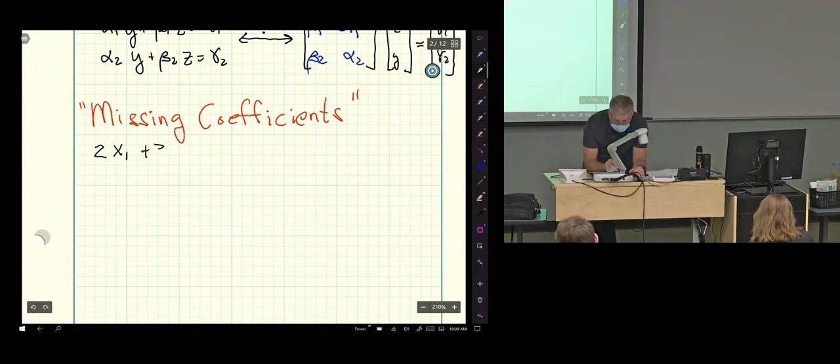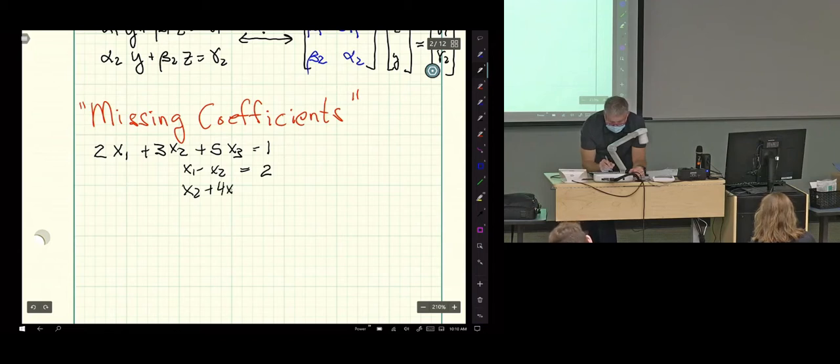2x1 plus 3x2 plus 5x3 equals 1. x1 minus x2 equals 2. And x2 plus 4x3 equals 3.